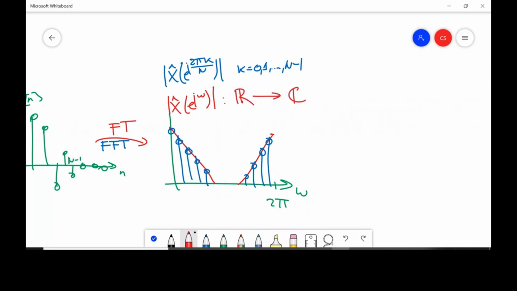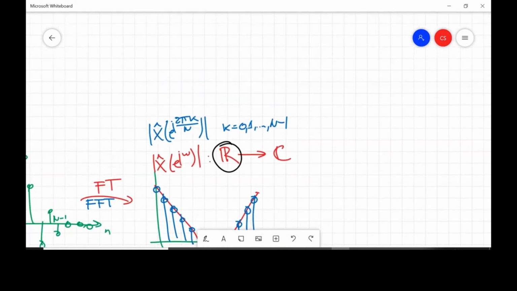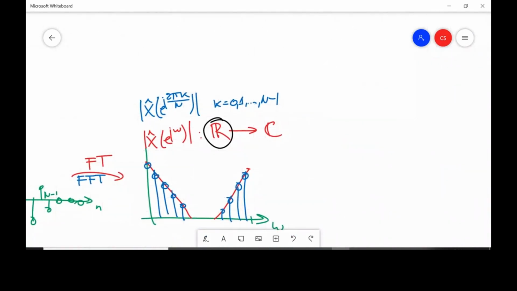This is continuous. It is a continuous function. But this one here is not continuous. This one is discrete.